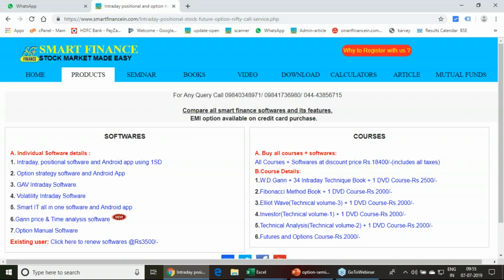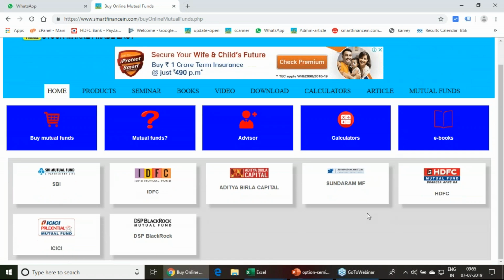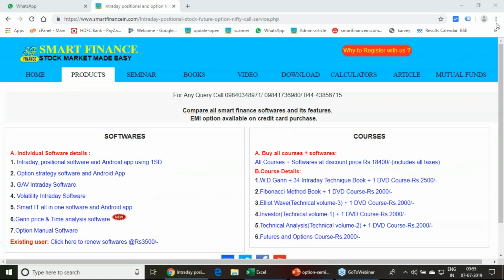If any of you wants to deploy capital in mutual funds without any extra cost, we will help you open the accounts and monitor your account. That is our job, but all controls will be with you.